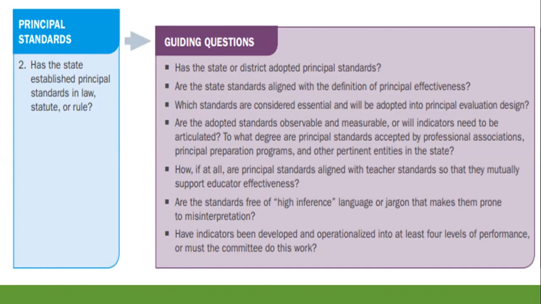Are the adopted standards observable and measurable? Or will indicators need to be articulated? To what degree are principal standards accepted by professional associations, principal preparation programs, and other pertinent entities in the state?